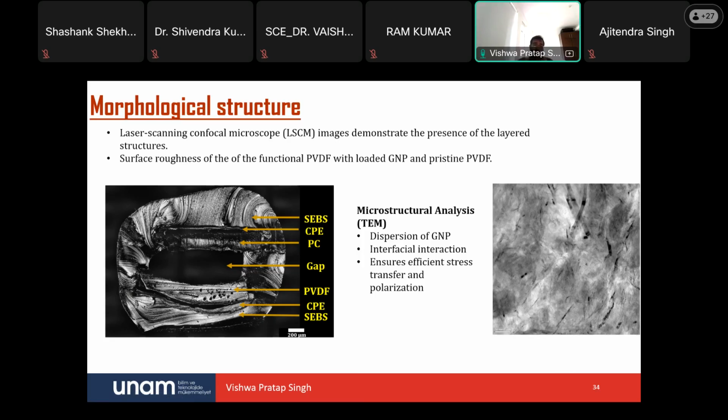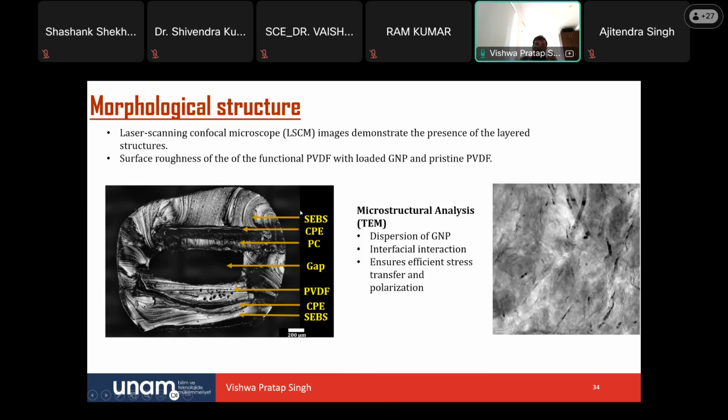So what we did, we used this laser scanning confocal microscope. So obviously you can understand here we have a CP layer, also here a CP layer, and PVDF and PC, and this is the SEBS layer. So we finally got our fiber.